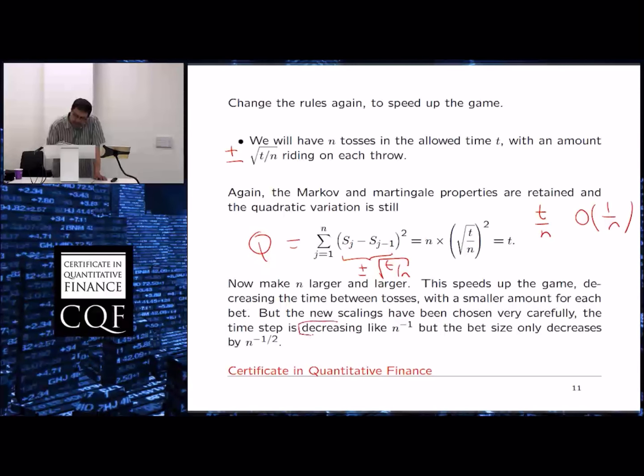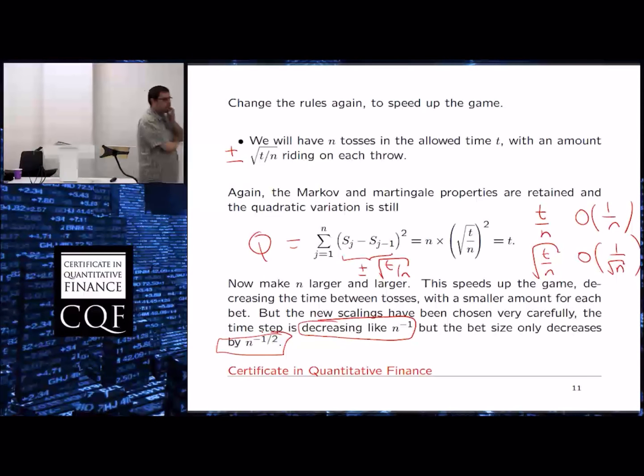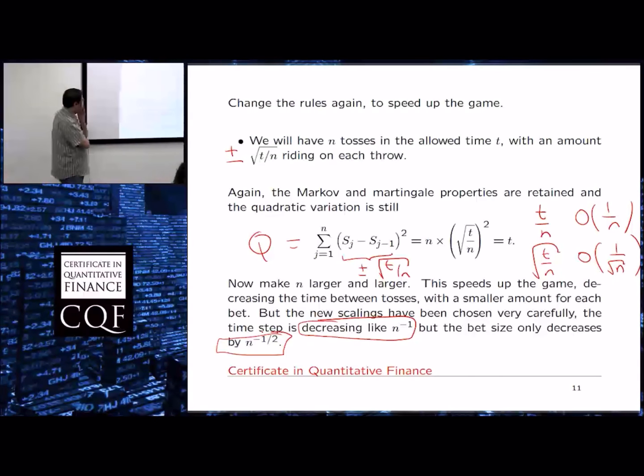Decreasing like 1/n. And the other bit, which is the bet size, root t/n, this is behaving like the order of 1 over the square root of n, which is this.